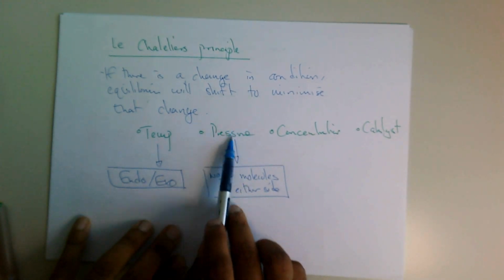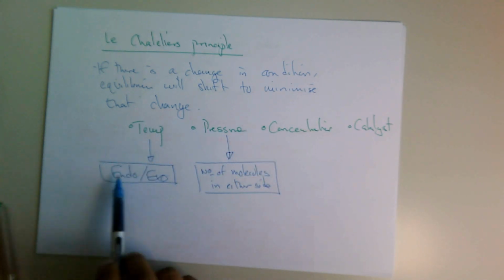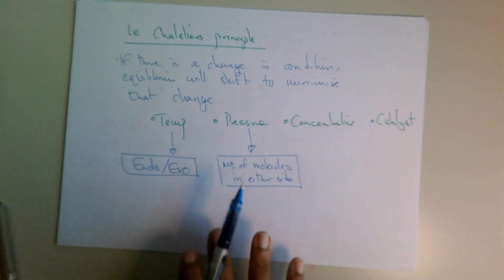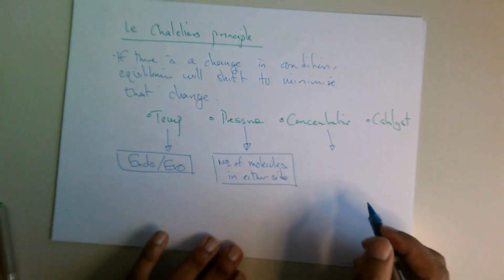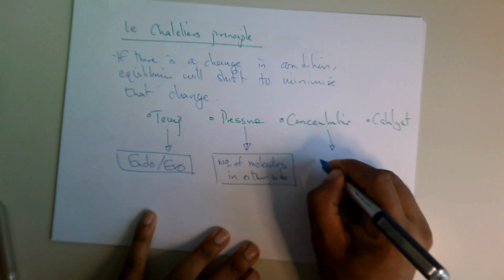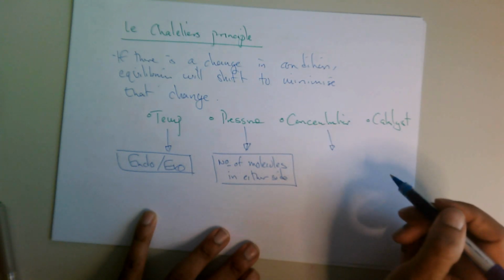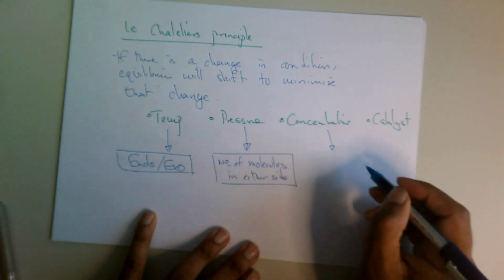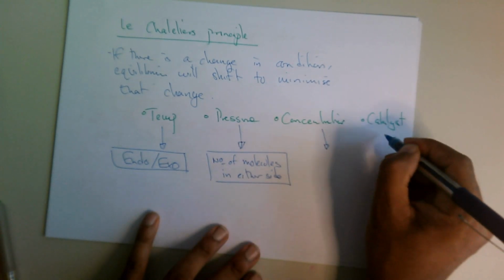So pressure is exclusive to the number of molecules on either side, and for temperature, you want to talk about endothermic, exothermic. Concentration, the main thing is just a change. So if concentration increases, equilibrium will shift to minimize that change, so it will try and decrease it. So there's nothing particular you need to talk about there.